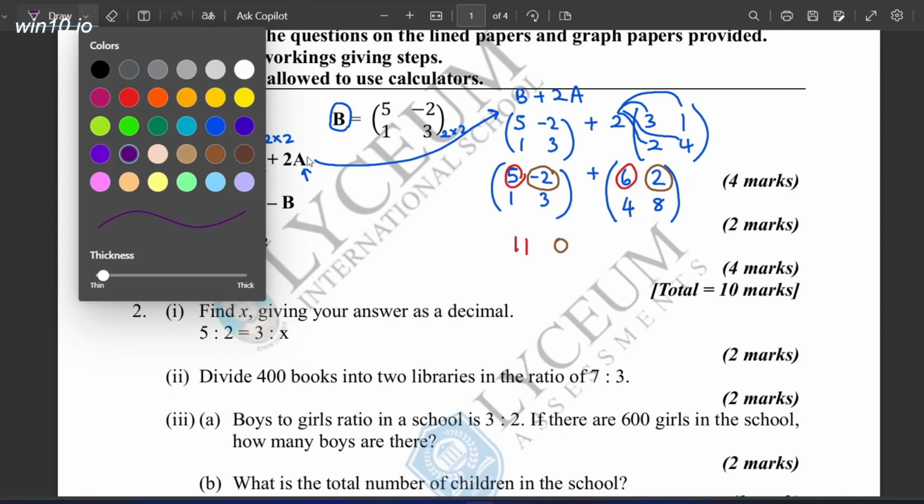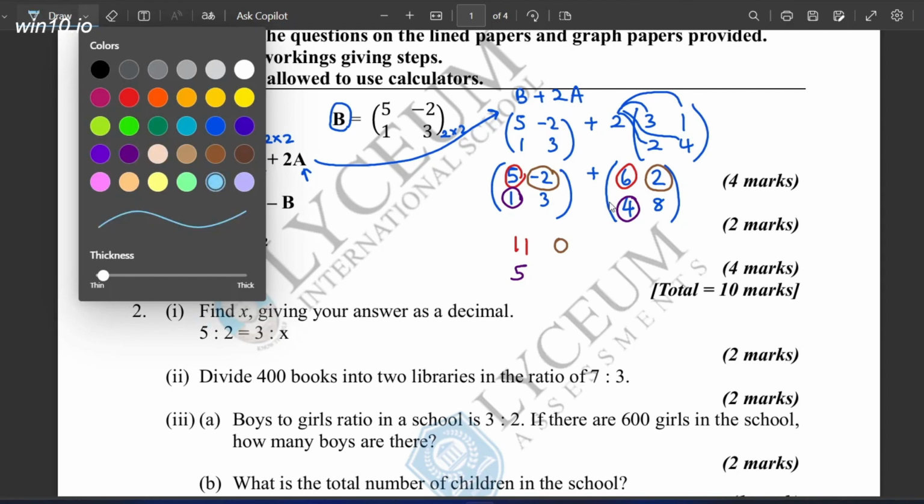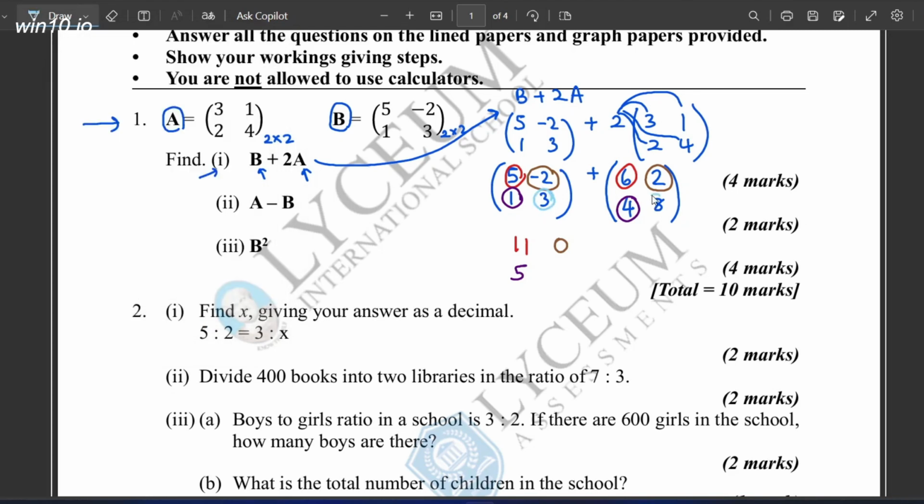Now we add this one and this one, so we get 5. And we add this one and this one. Then we get 11. Okay. So our answer is 11, 0, 5, 11.